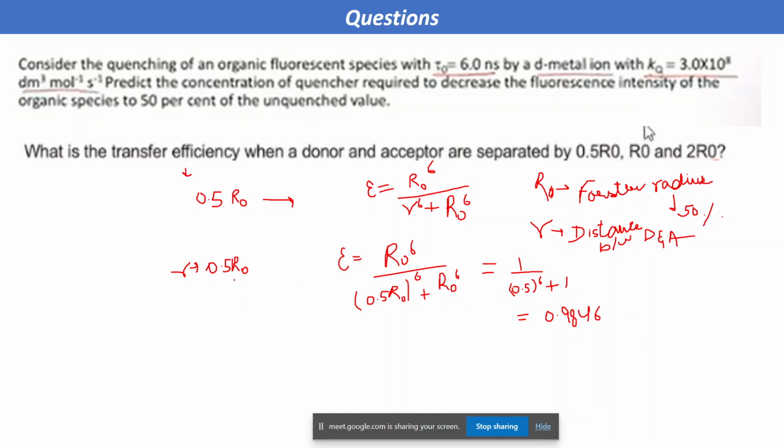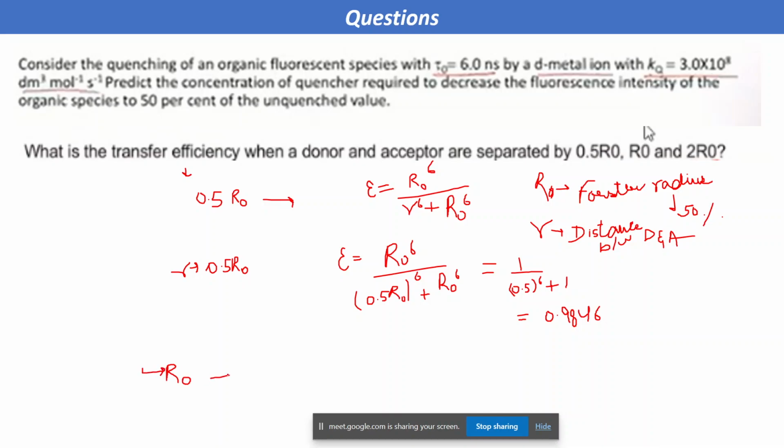So is it clear? Is it clear to everyone? Yes, ma'am. So now just tell me the energy transfer efficiency when the donor and the receptor are separated by R naught.